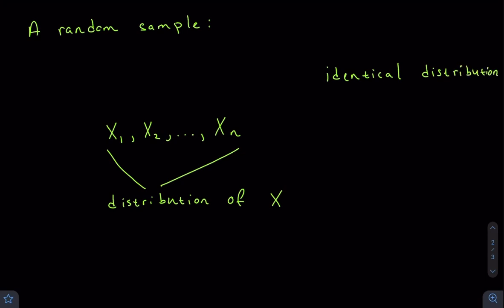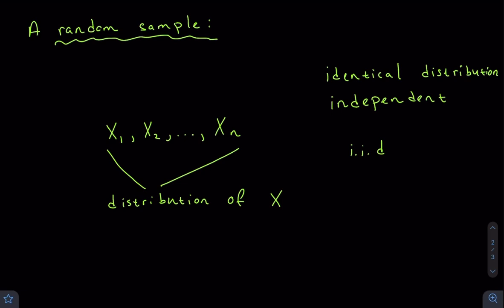Moreover, we also require that each of these random variables are mutually independent. So the sample is going to be independent. And the combination of them being identically distributed and independent is what makes it a random sample. Usually this gets abbreviated into just IID.